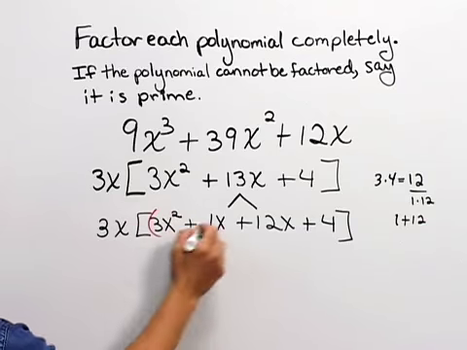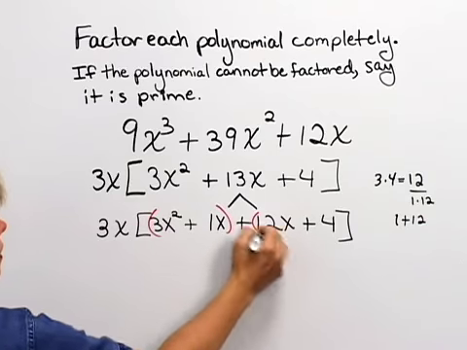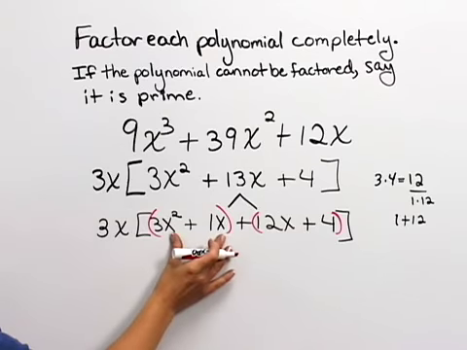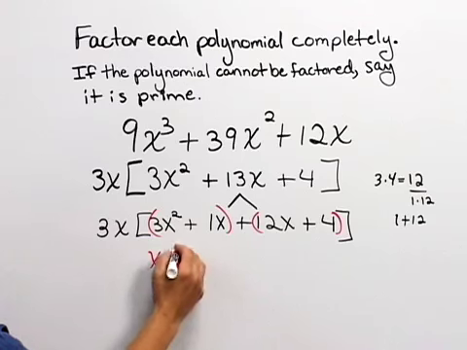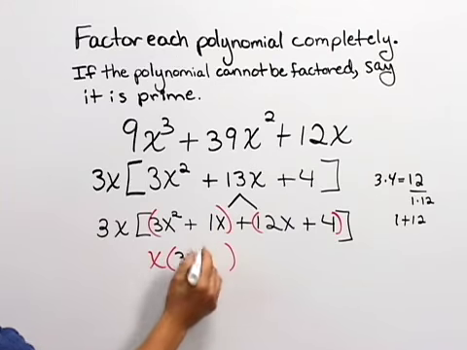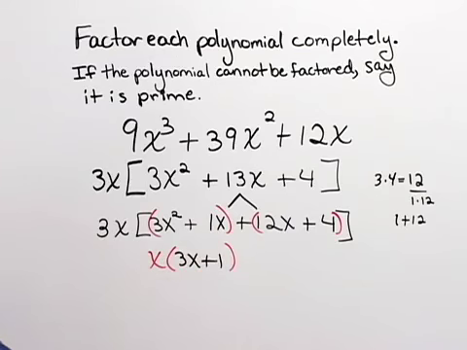We will group these first two terms here and those last two terms there. Notice that the first two terms both have an x, so let's factor an x out. x into 3x squared is 3x, and x into 1x leaves us with a 1.